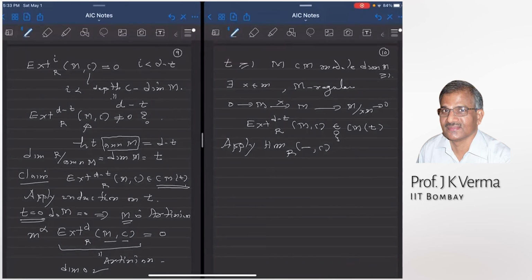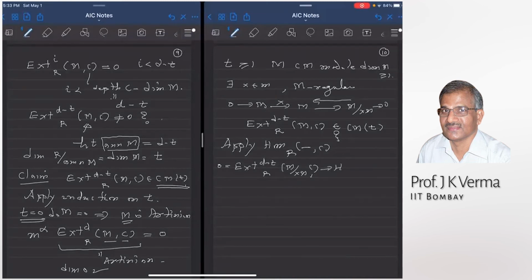And here we know that below d minus t, all the Ext^i(M, C) are 0. So when you write the long exact sequence of Ext, then I will get 0 equal to Ext^{d-t}(M mod xM, C), and then I'm going in this direction.